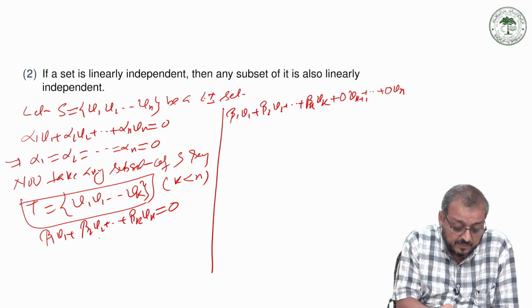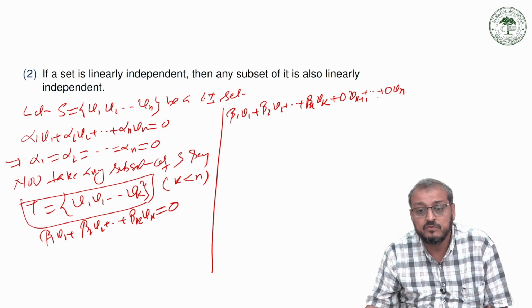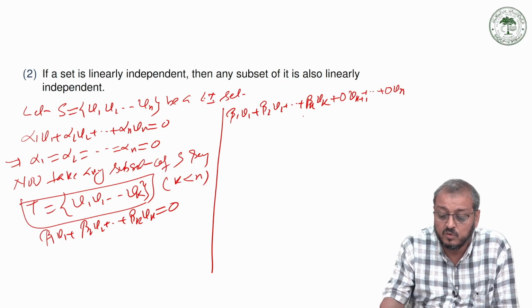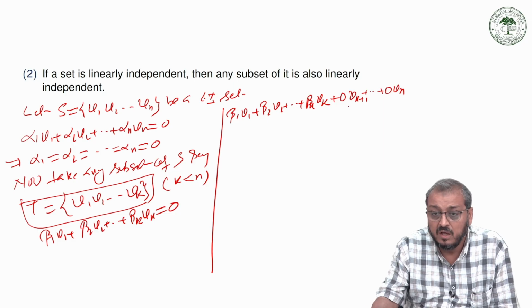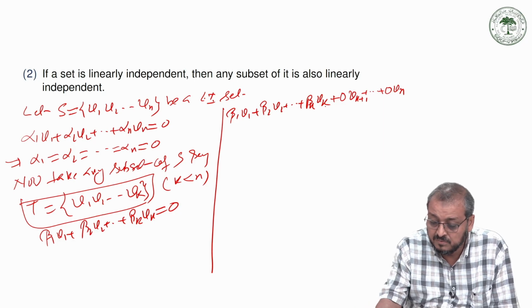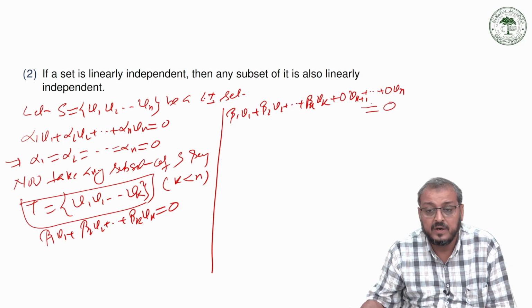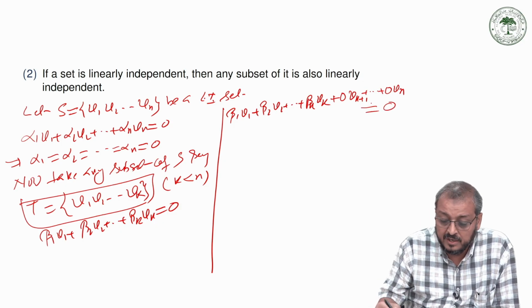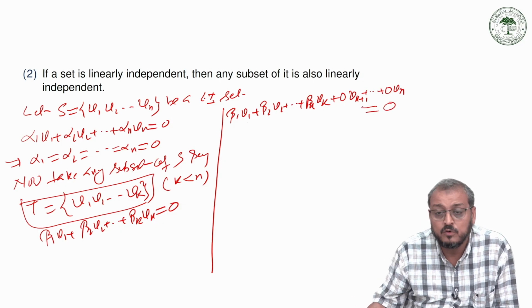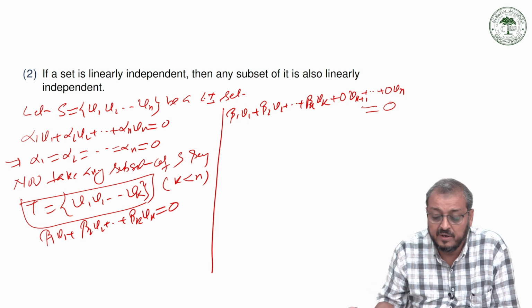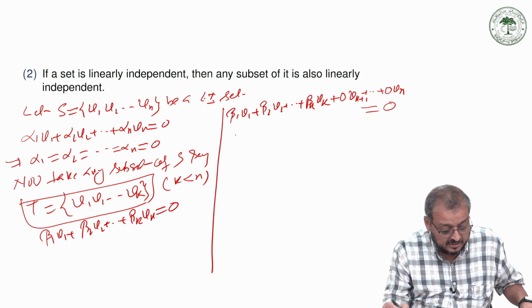So this linear combination can be extended into this form, because we are adding zeros, and this is equal to the zero vector.